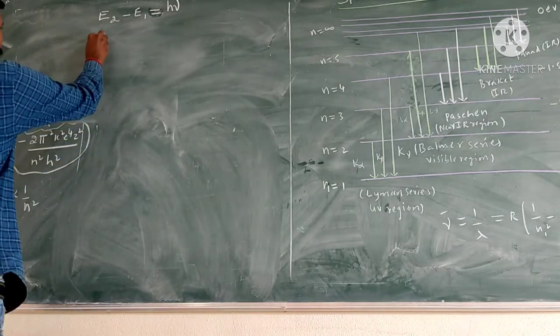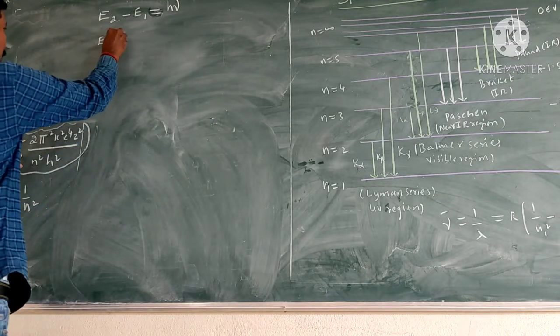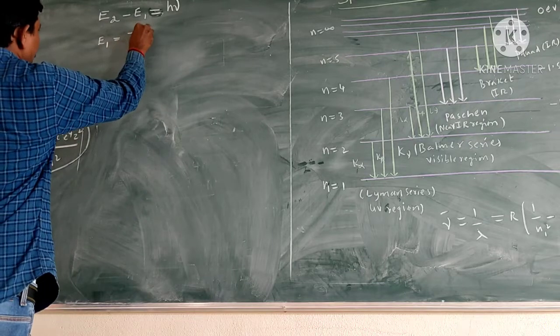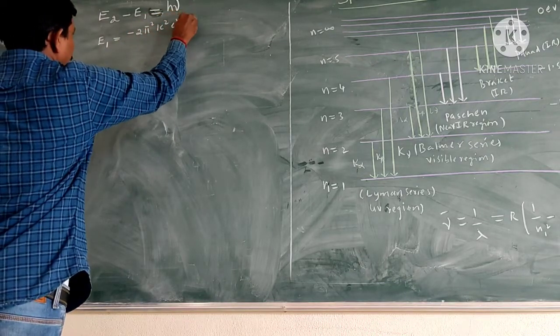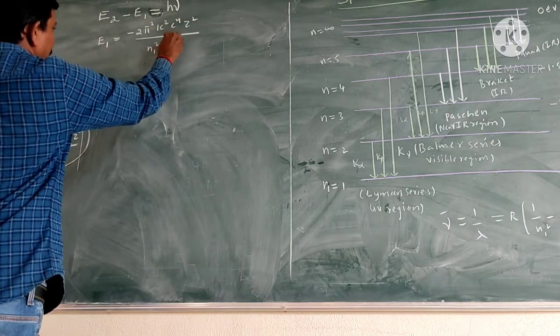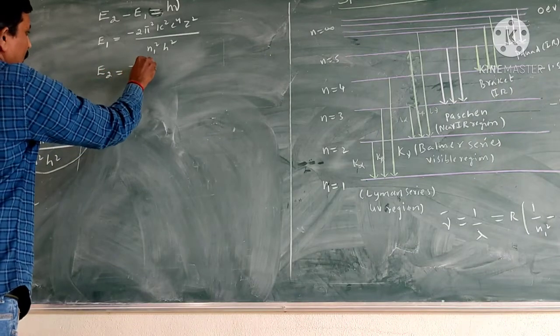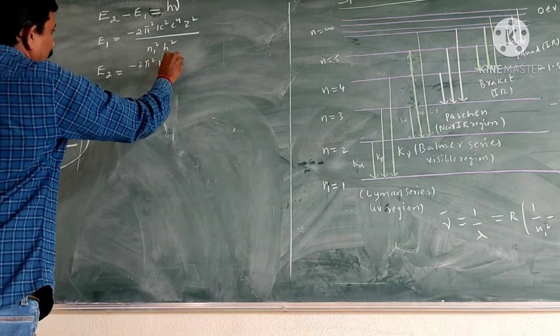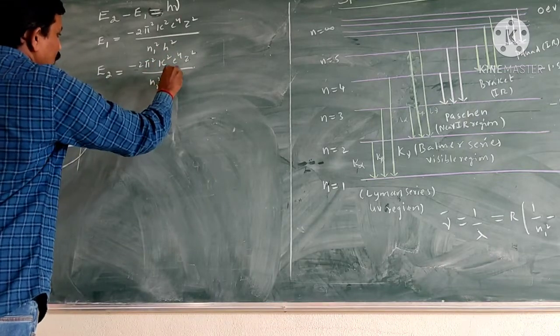For example, the lower energy level E1 is equal to minus 2 pi square k square e power 4 z square by n1 square h square. The higher energy level E2 is equal to minus 2 pi square k square e power 4 z square by n2 square h square.